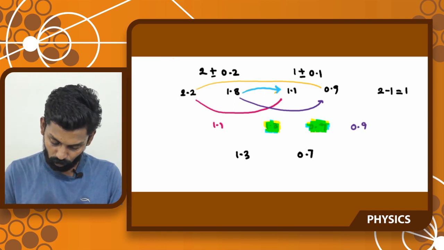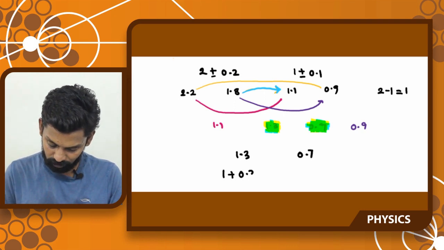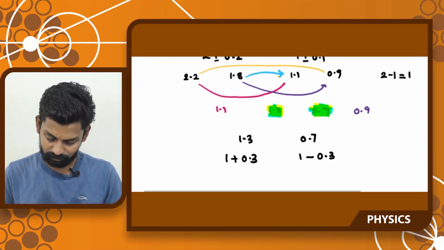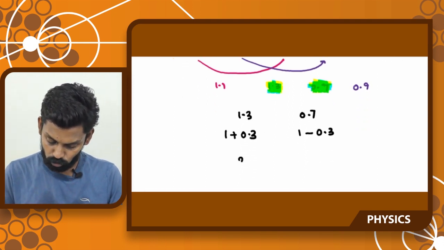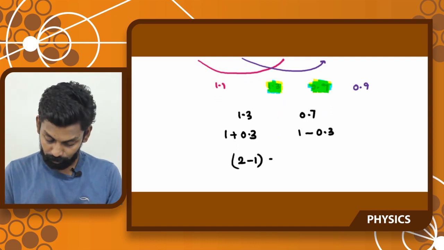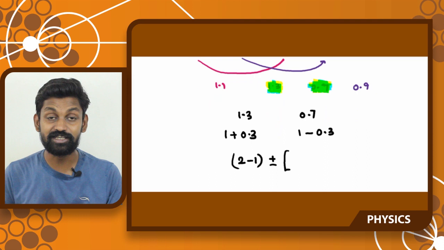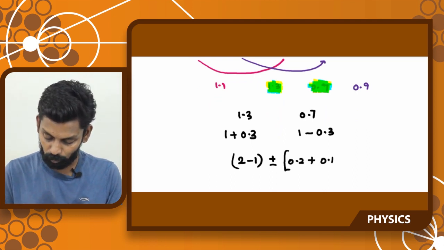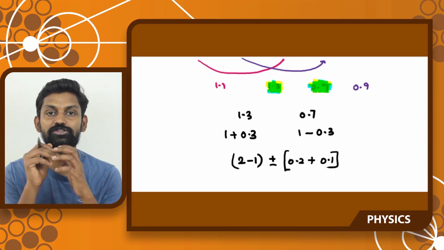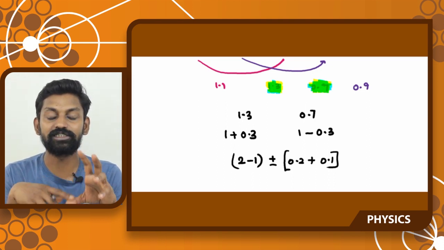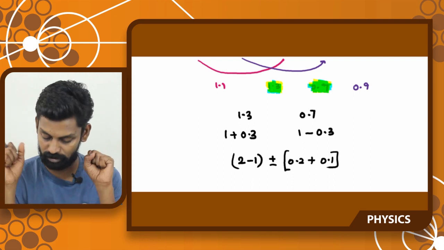So I can write it as 1 plus 0.3 and 1 minus 0.3. So it is nothing but 2 minus 1, the difference between the true values, plus or minus 0.3, which is nothing but 0.2 plus 0.1. So it clearly shows that errors do not cancel each other when we are discussing maximum possible errors.